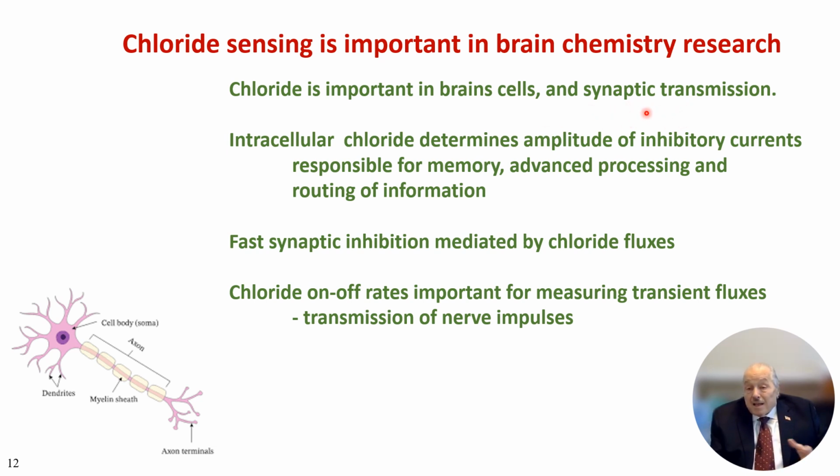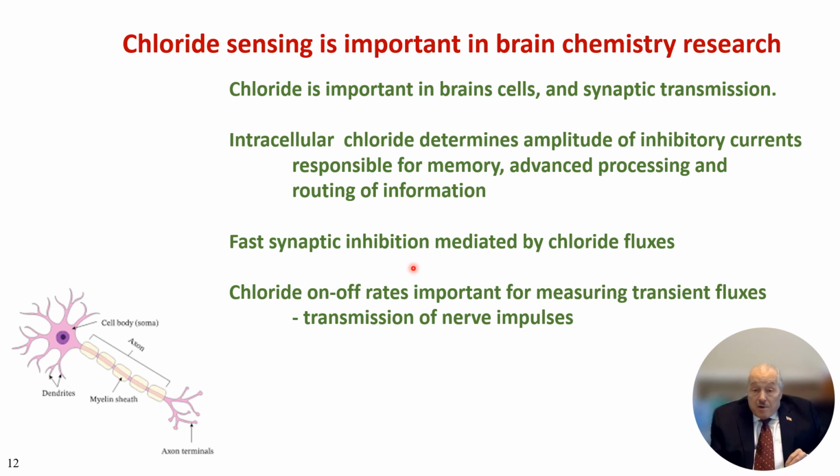A high or low chloride concentration around the axon can affect whether the nerve impulse continues. It's responsible for memory, advanced processing of information, and routing of information because it's controlling where the nerve impulses go.